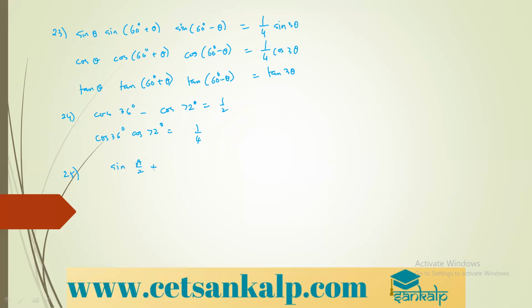Sin A by 2 plus cos A by 2 is plus or minus root of 1 plus sin A. And sine A by 2 minus cos A by 2 is plus or minus root of 1 minus sine A.